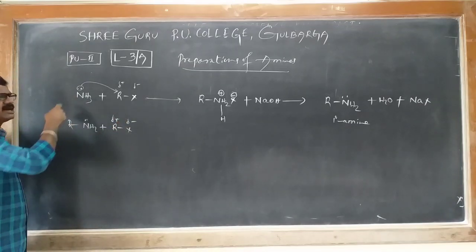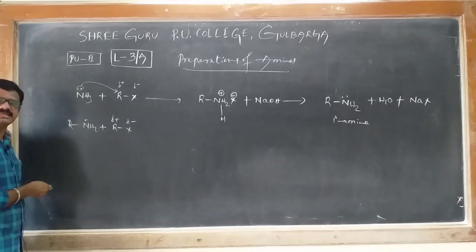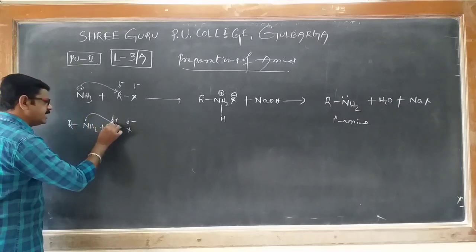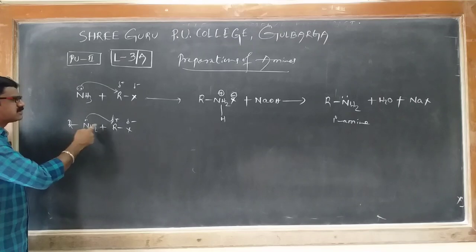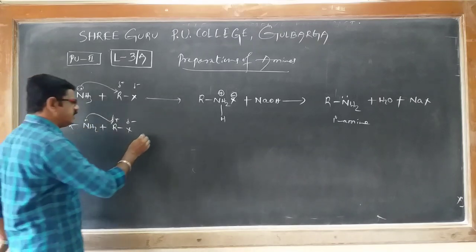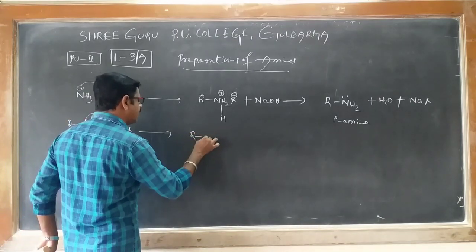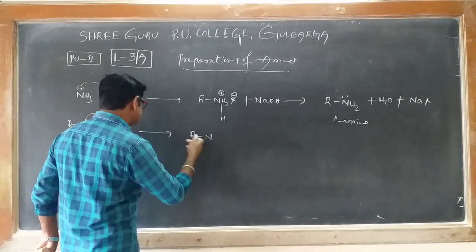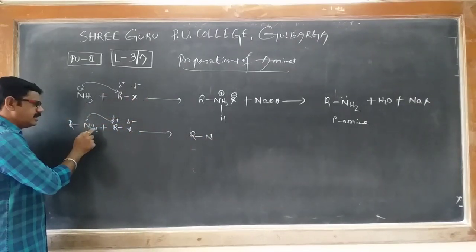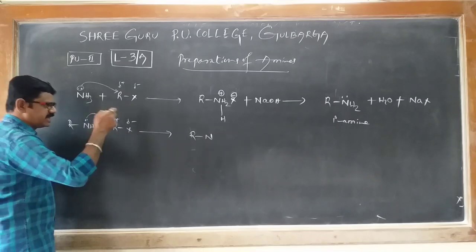In the previous case ammonia was the nucleophile; here the primary amine donates its electron pair. Again a new bond forms between nitrogen and the alkyl group. We write it like this: R, N, R, with RNH2 as well as R.